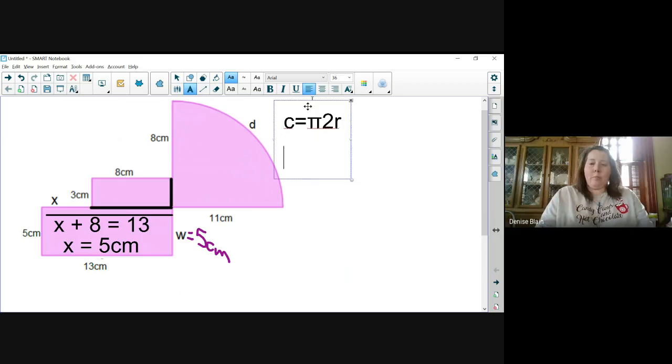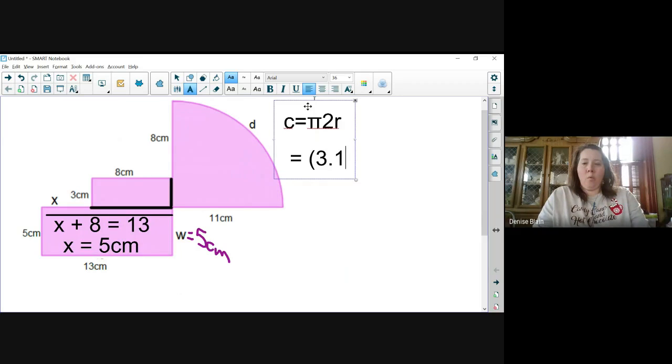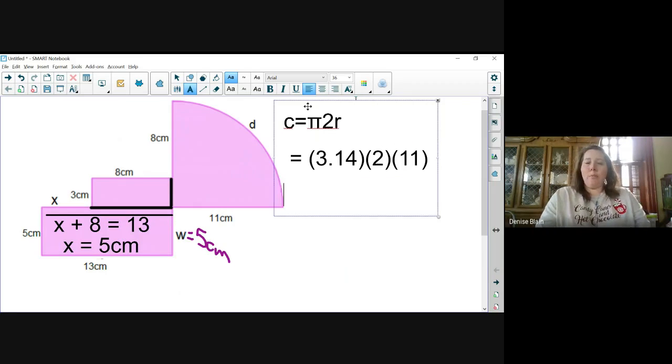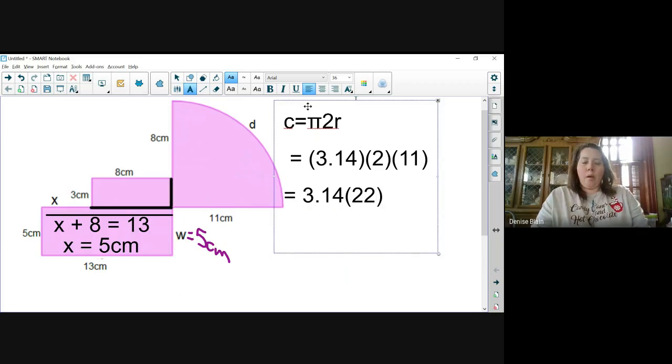I know that 11 is my radius, so pi, 3.14, times 2 times 11 is going to be my circumference. 2 times 11 is 22. And if I multiply that by pi, I end up with 69.08. But that represents my whole circle.